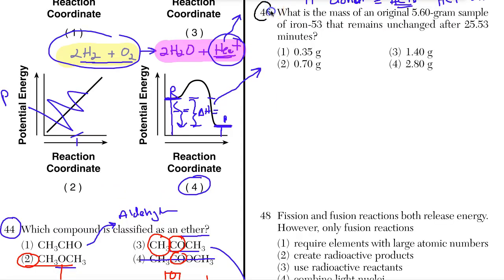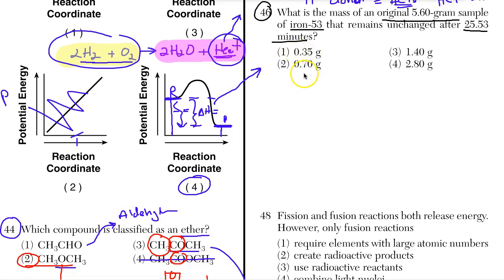Number 46. What is the mass of an original 5.6 gram sample of iron 53 that remains unchanged after 25.3 minutes? Party people, know where you are on the test. 1 through 30 goes through the entire curriculum, and then 31 through 50 does the same thing. So we're toward the end of the curriculum.